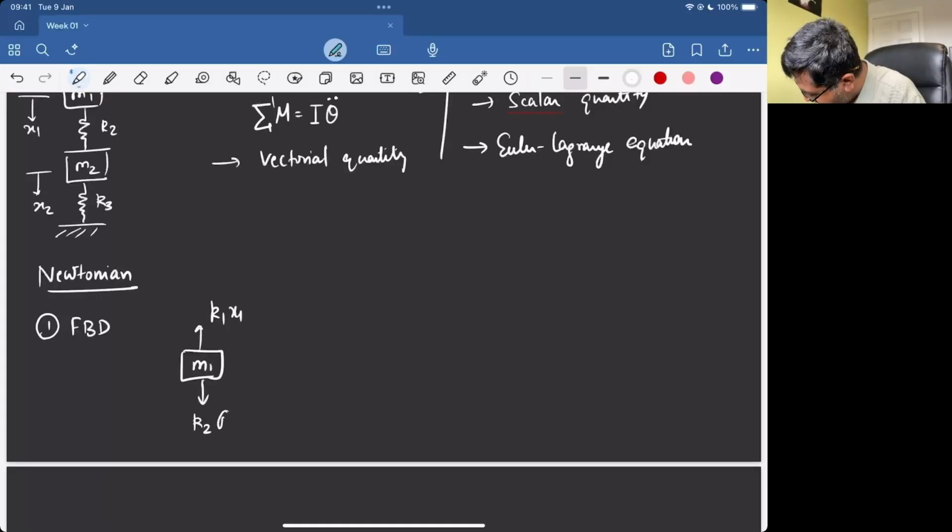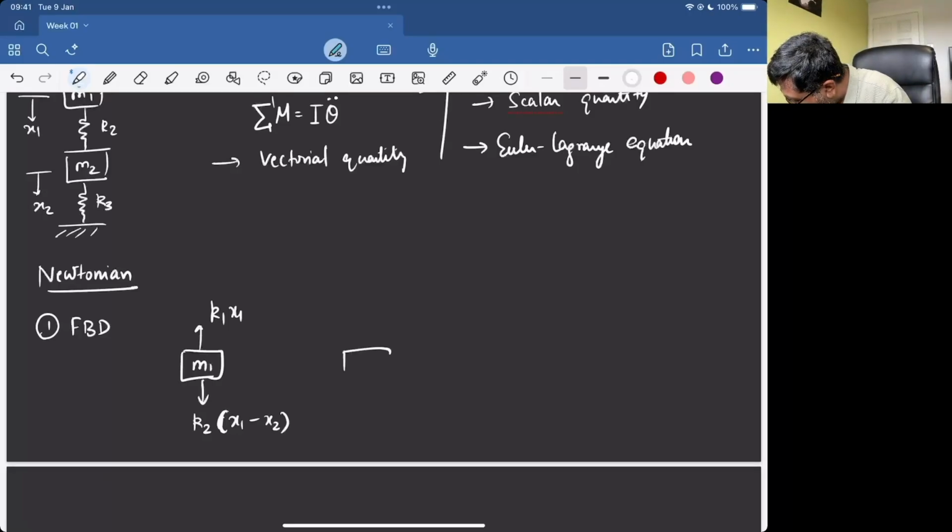I'm going to just write it as k2 into x1 minus x2. Why is this the case? The top spring is pulled by some amount x1, but the bottom spring is also pulled by the mass m1 and by the mass m2. So m2 is moving by x2, m1 is moving by x1. So the relative displacement is x1 minus x2. That is the elongation of the spring in the k2 spring, right?